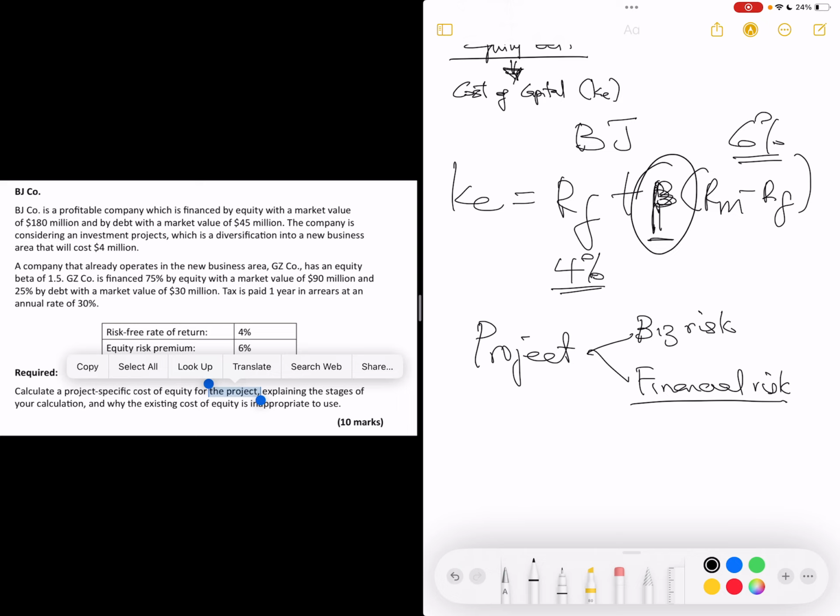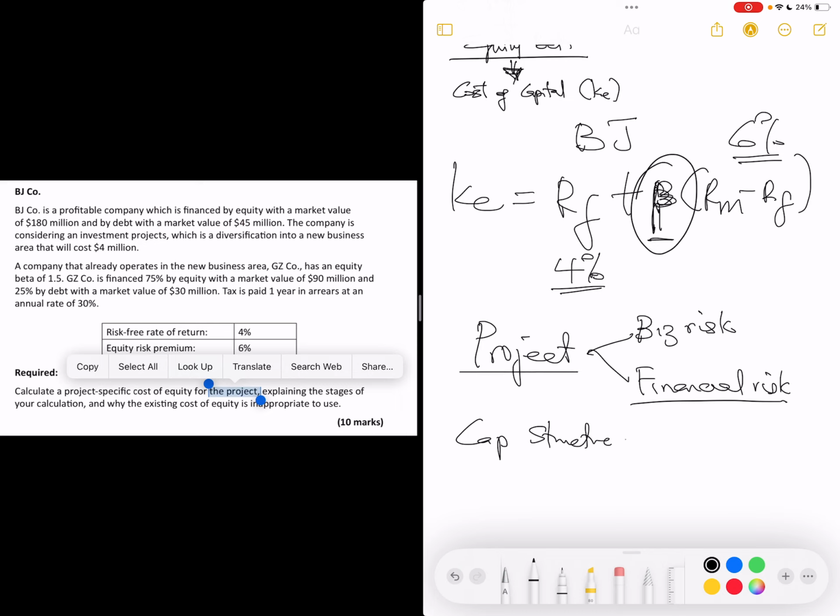Because BJCO has not said it will finance it in a different way. But we know that BJCO usually finances their projects with market value of equity 180 and debt 45. So we know that capital structure, the percentage, and we can get the percentage of equity and debt. This is the capital structure of BJCO, which is what they will use for this project.